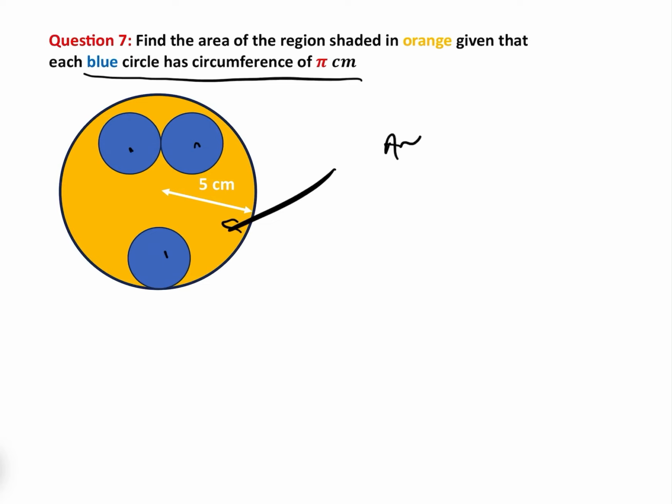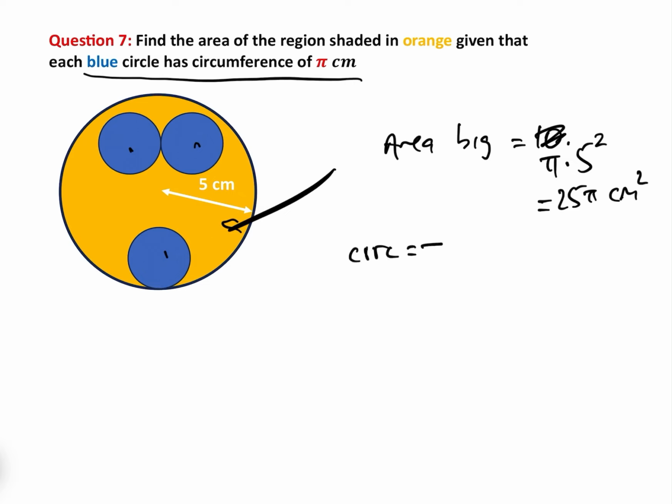Okay, well, clearly the area of the big circle is equal to pi times 5 squared, which equals 25 pi centimeters squared. That's the area of the big circle. Now the area in blue: they tell us the circumference is pi, so basically pi times the diameter of the blue is equal to pi.